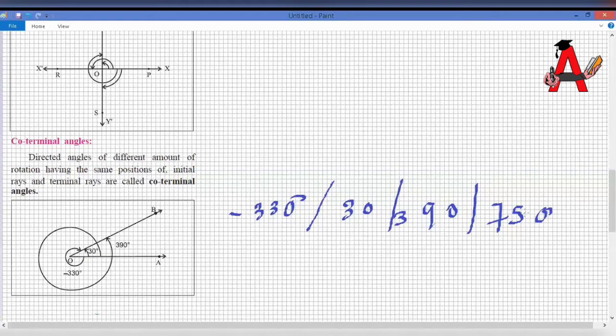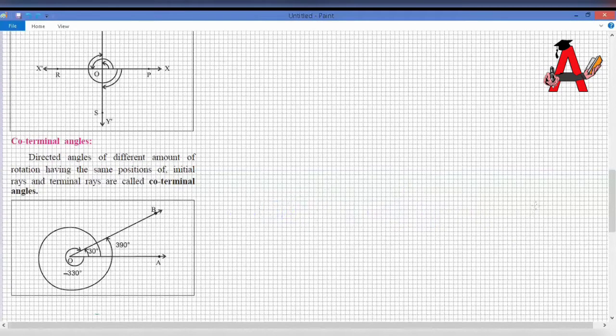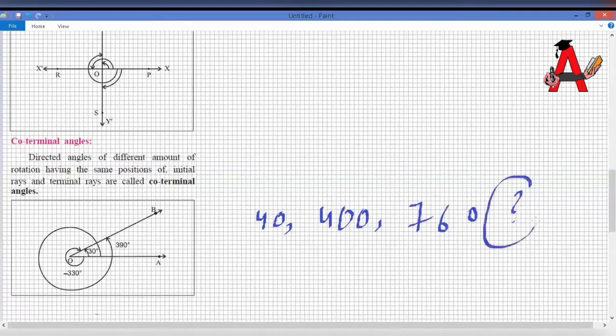Try and check the other questions which I've explained in the class. You can try and see if 40, 400 and 760 are coterminal or not. Just check this yourself.